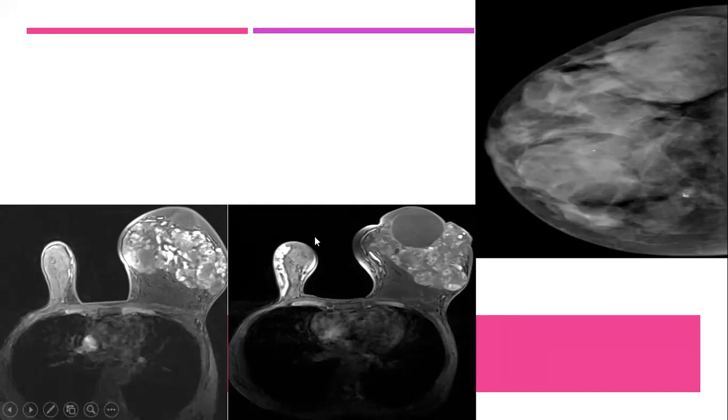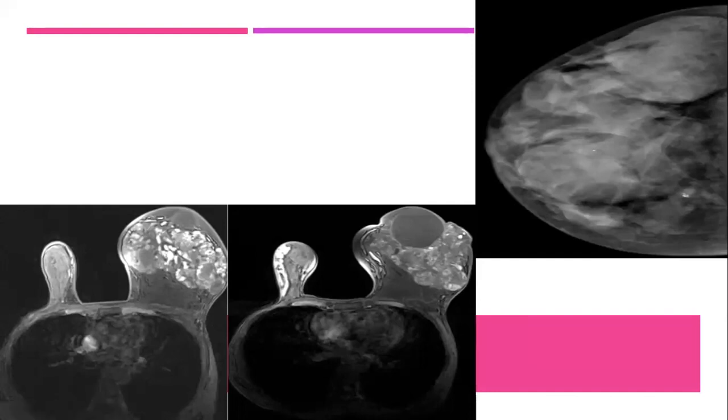See? It demonstrates just a small group of calcifications here and a single dot of calcification. Otherwise, we could see nothing. And the findings of this clumped segmental calcification seen on the lateral aspect, where nothing could be appreciated on the mammogram.